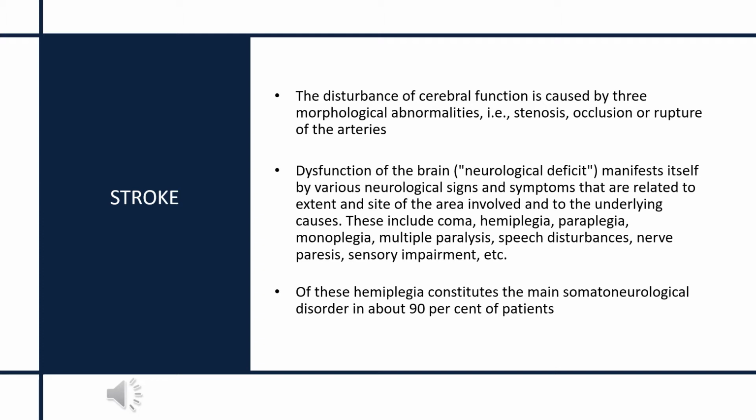These signs and symptoms can include coma, hemiplegia, paraplegia, monoplegia, multiple paralysis, speech disturbances, nerve paralysis, as well as sensory impairment. These can occur in combination, or they can occur individually. Of all these signs and symptoms, hemiplegia is the most encountered neurological disorder in case of strokes, and in 90% of the patients, the manifestation of stroke occurs as hemiplegia.